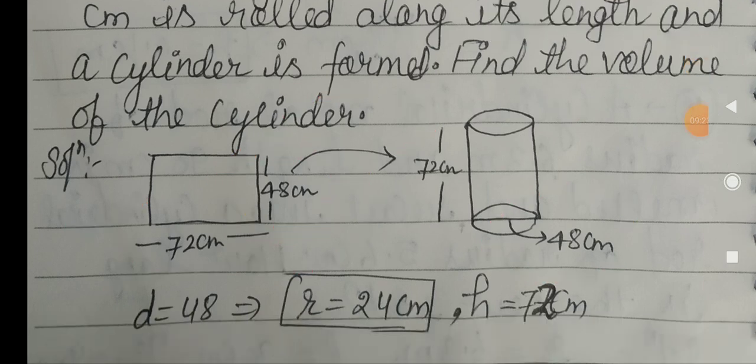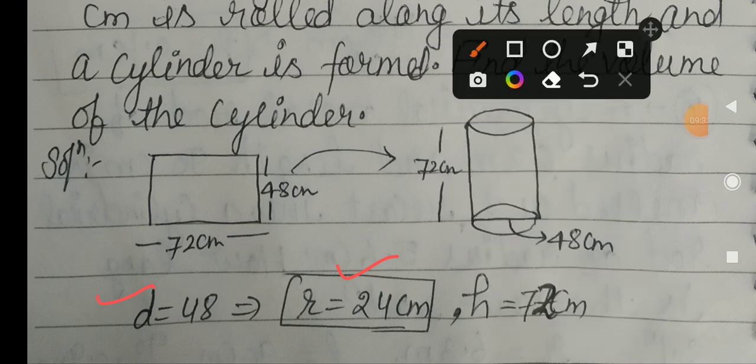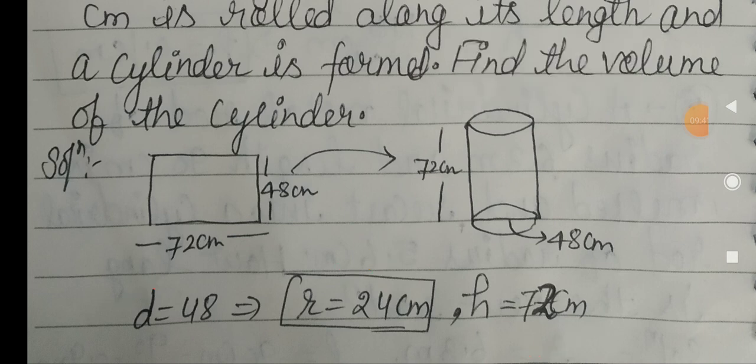Okay, so see, d is equal to 48, and after dividing by 2 this value becomes 24 centimeter, and the height is 72 centimeter here, and then you have to apply the formula of volume.